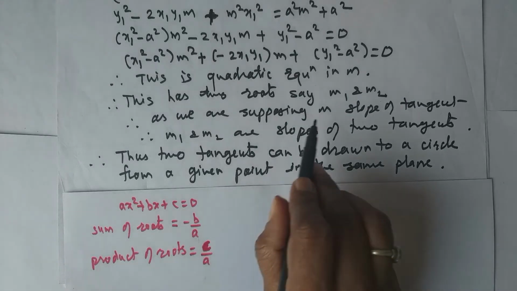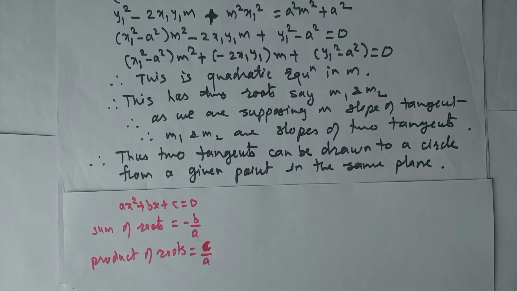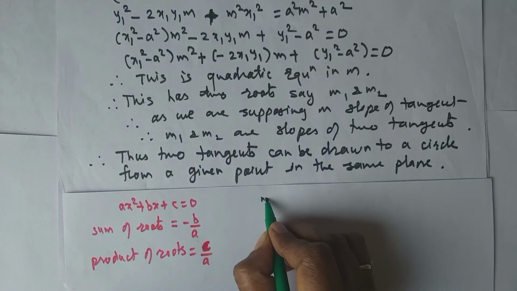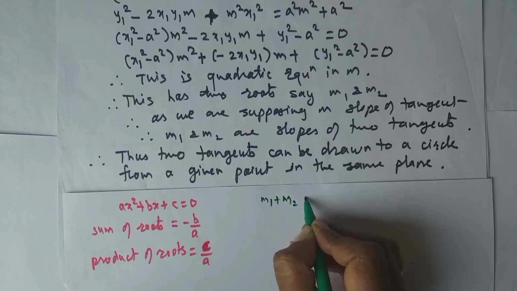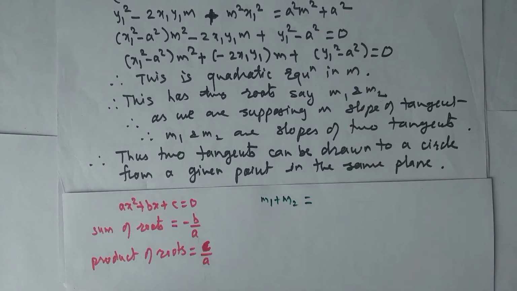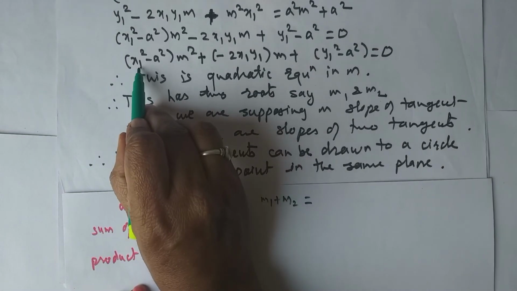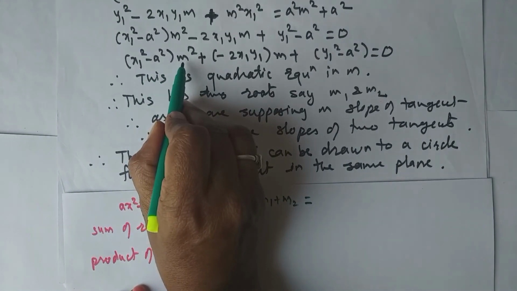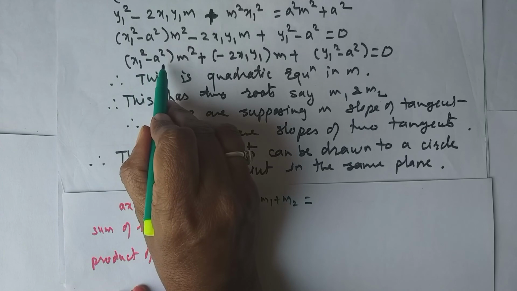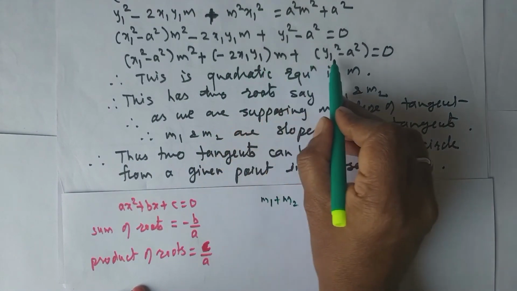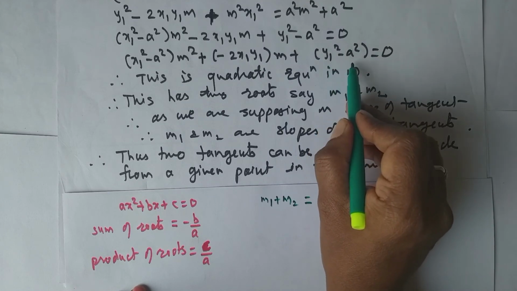Okay, now here we will find the sum of roots and product of roots. Okay, now what will be the sum of roots here? Here roots are nothing but m1 and m2. Therefore write down here sum of roots, that is m1 plus m2. Okay, and what is a here? See here, a is the coefficient of m square, that is x1 square minus a square. b is the coefficient of m, that is minus 2 x1 y1, and here c is this constant term.